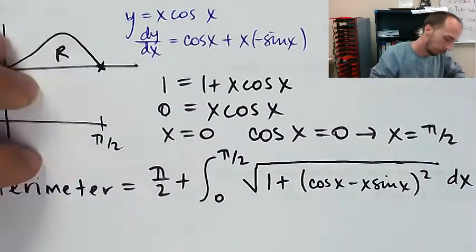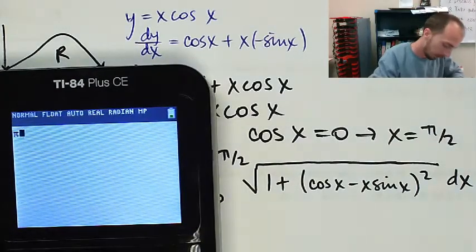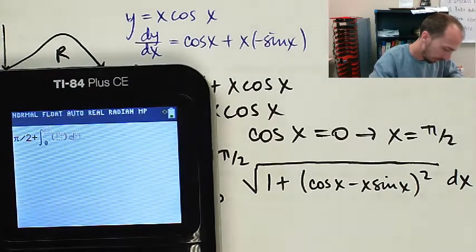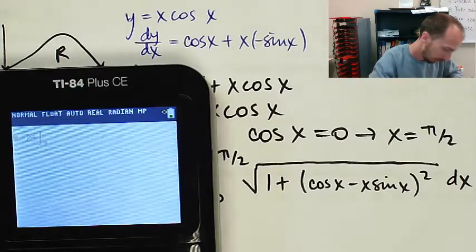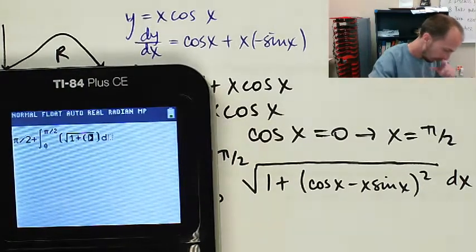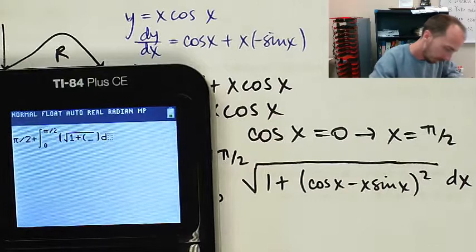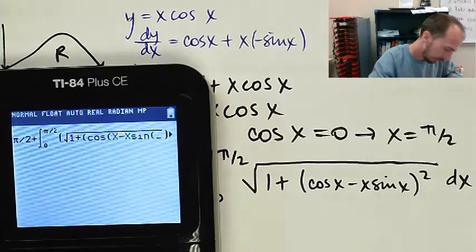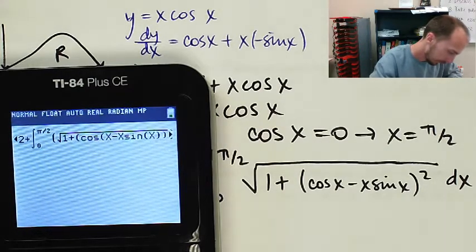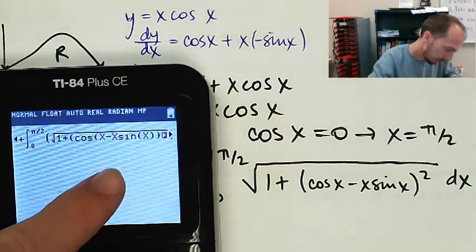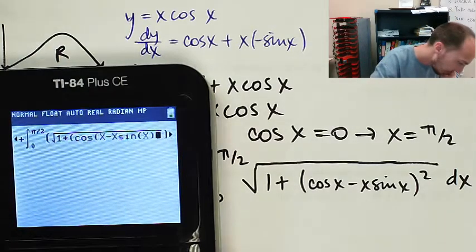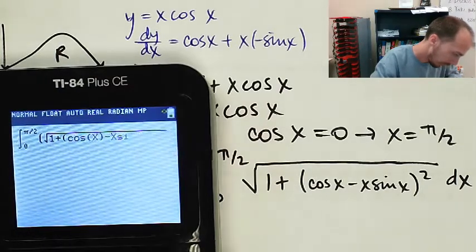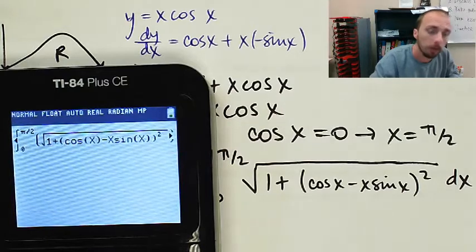So what we're going to do is say pi over 2, don't forget about the original pi over 2, plus the integral from 0 to pi over 2 of the square root of 1 plus, open up the parentheses, cosine x minus x sine x, with another parenthesis there, and then square it.